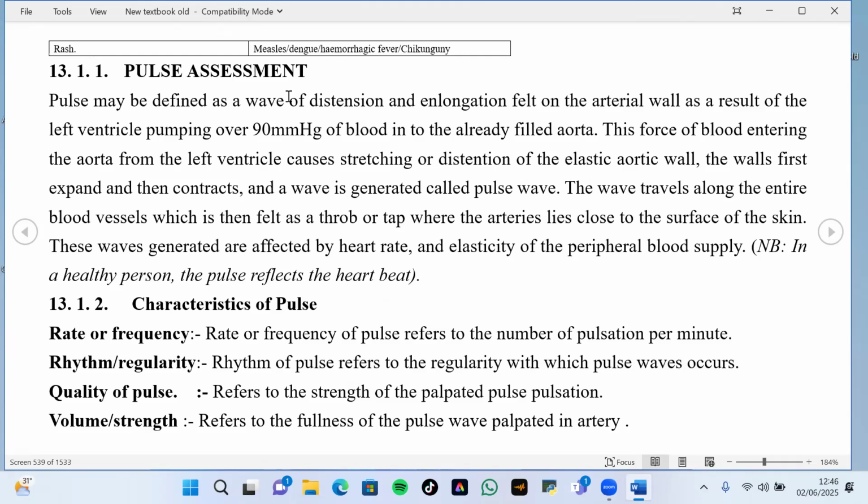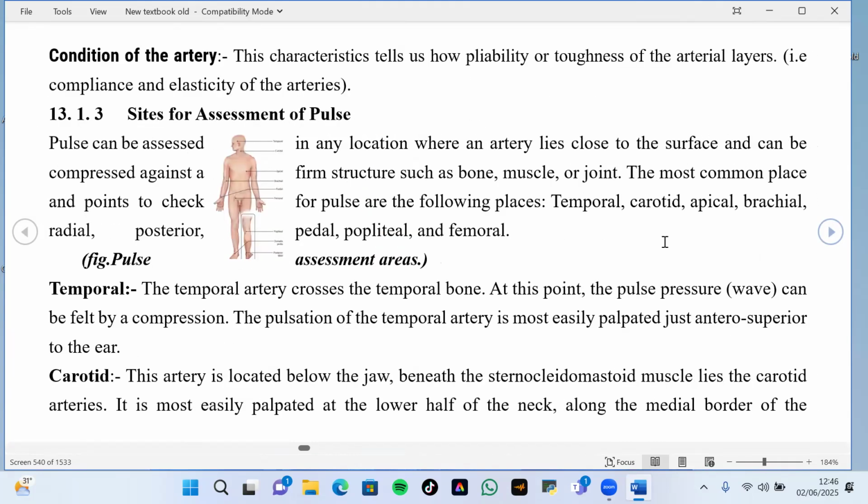The quality of the pulse: is the pulse very full or faint? And then the volume of the pulse as you are palpating. These are things you are checking when you are holding the wrist of the patient. Now let's look at sites.